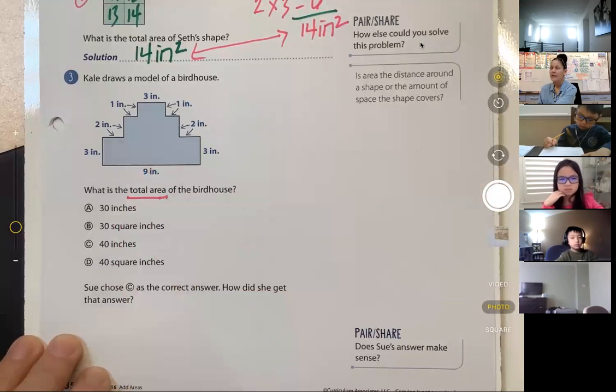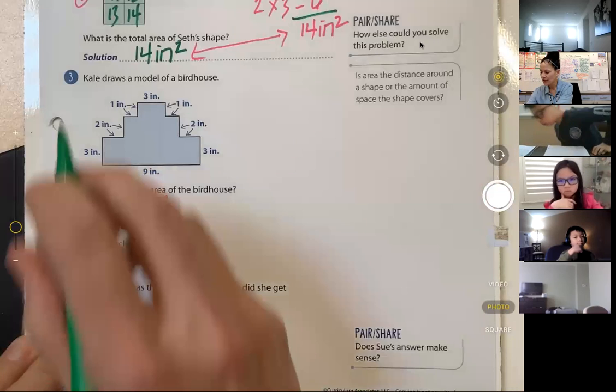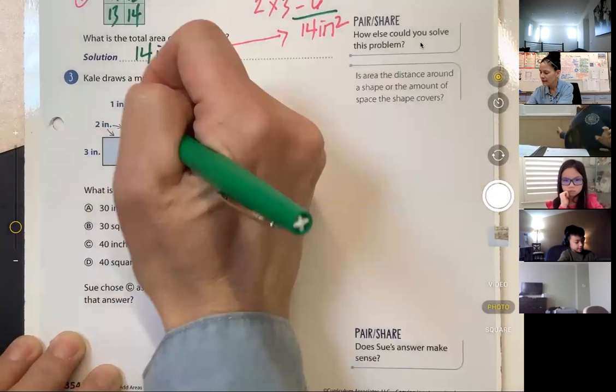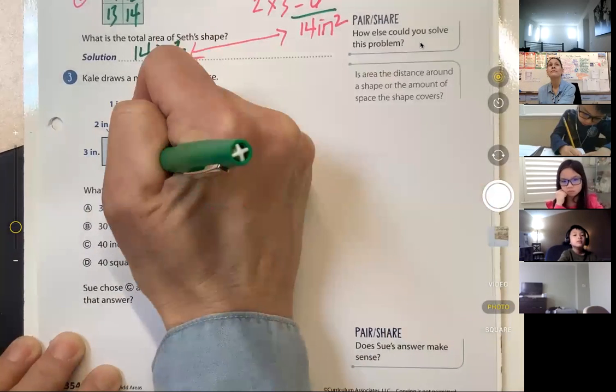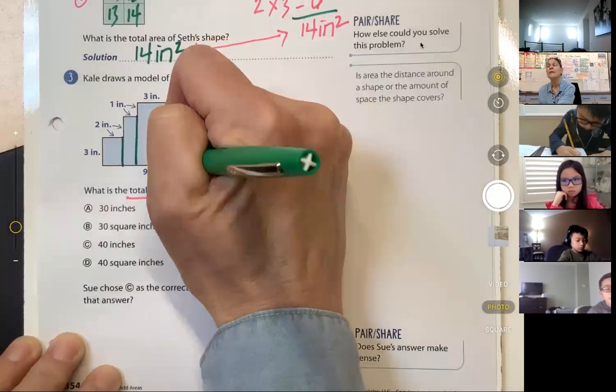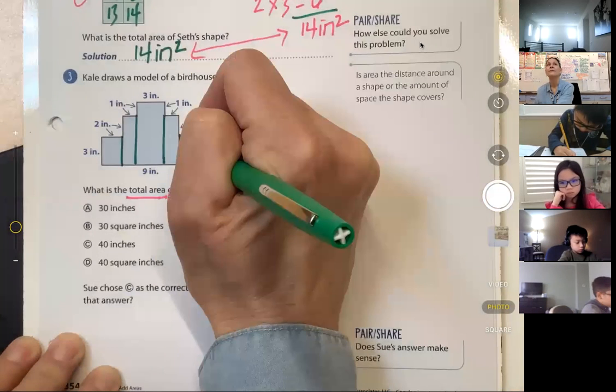All right? So when I look at this, this is what I see. I see a shape here. I see a shape here. I see a shape here. And I see a shape here and here.